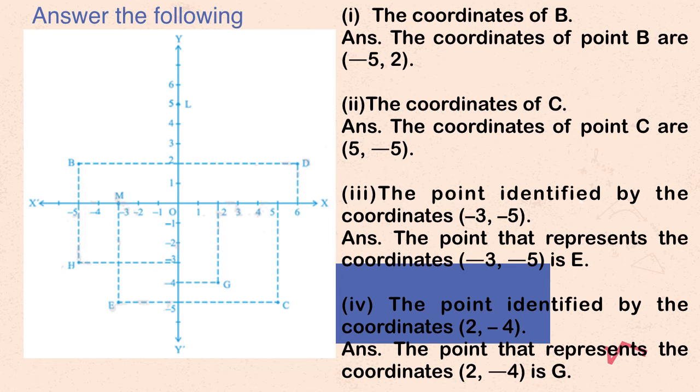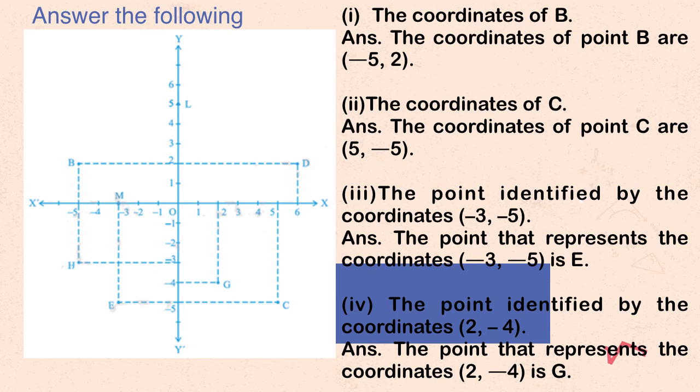Then we will see the y-axis and we will drop a line on the y-axis. Okay, and where is the line meeting the y-axis from this point B? It is meeting at point 2. You can see the point B. I have dropped a vertical line from B which meets the x-axis at -5, and when I draw a horizontal line from B, it meets the y-axis at the point 2.